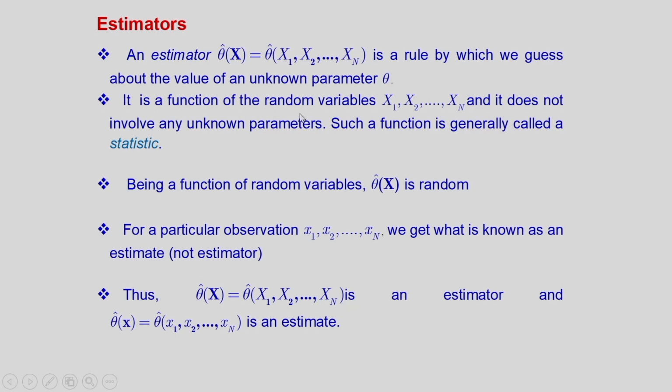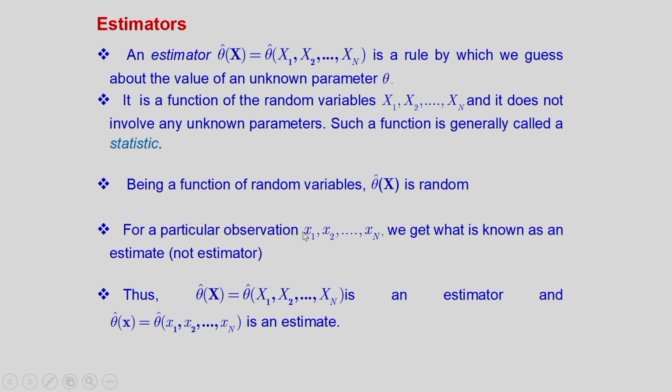It is a function of the random variables x1, x2 up to xn, and it does not involve any unknown parameters. Such a function is generally called a statistic. So, an estimator is a statistic. Being a function of random variables, theta hat of X is also random.